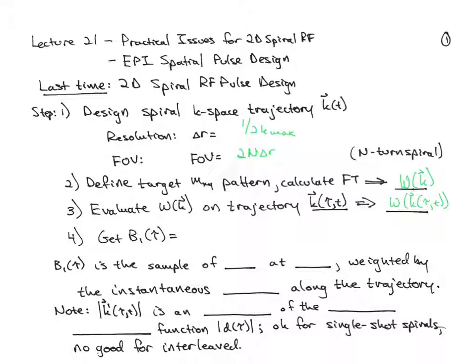And finally, we scale that result by the speed with which we're moving through k-space, which is given by k prime, the time derivative, of tau comma t, times the resampled k-space weighting function.